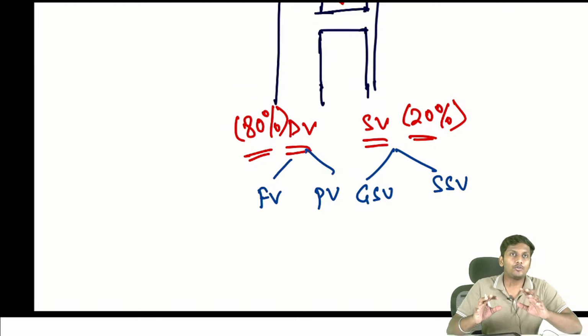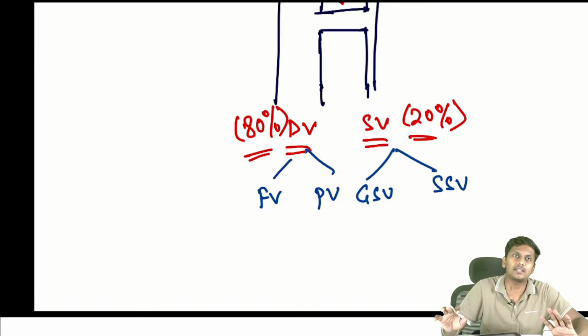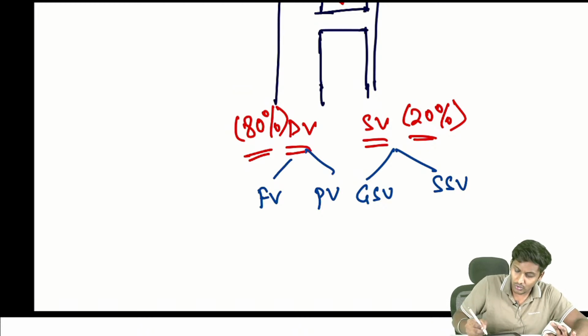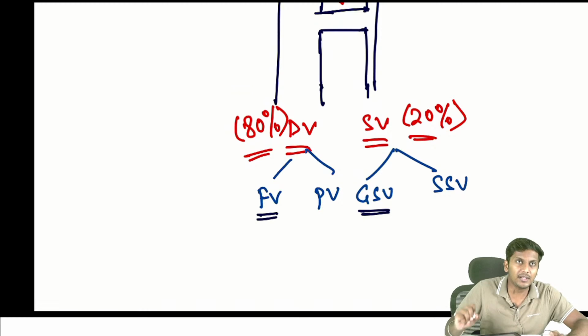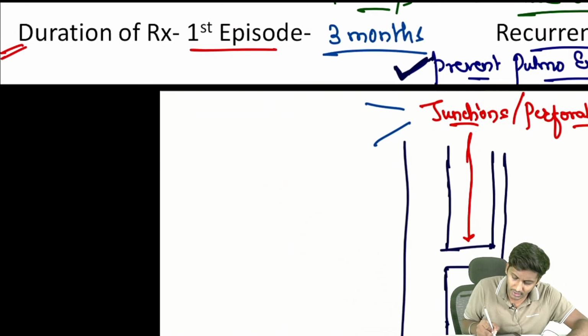Now I've told you that the deep veins are connected to the superficial veins. So the femoral vein is connected to the great saphenous vein, and that junction is called the saphenofemoral junction.